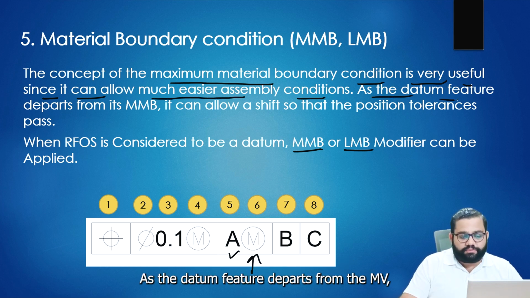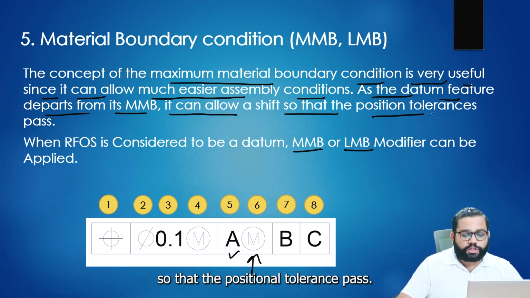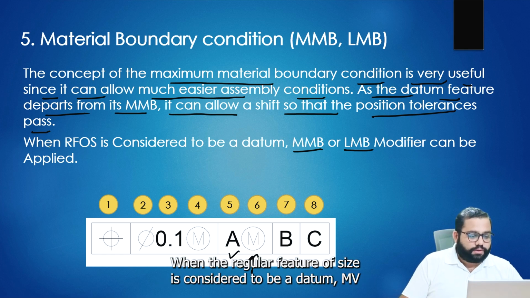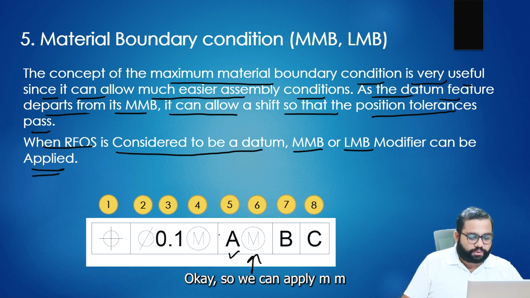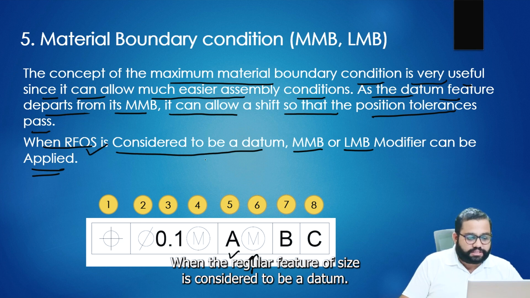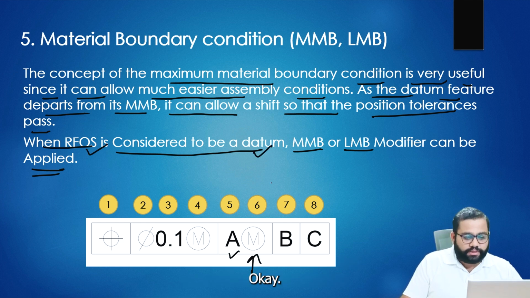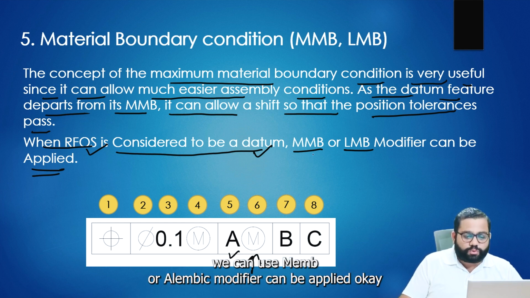As the datum feature departs from its MMB, it can allow a shift so that the positional tolerance passes. When a regular feature of size is considered to be a datum, the MMB or LMB modifier can be applied.